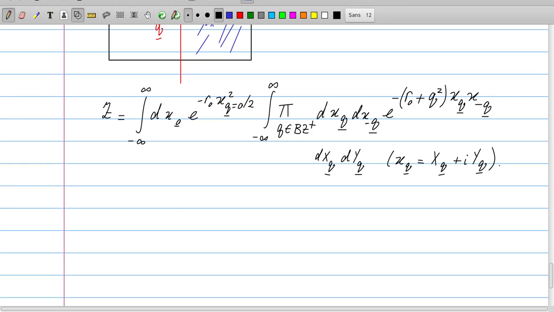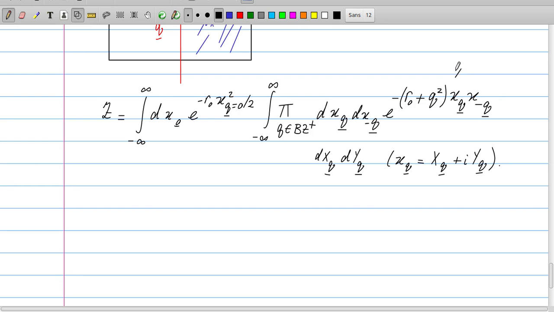To calculate the second part of this integral, for each q, we use the notation that small xq can be written as capital Xq plus i times capital Yq, where the big X and Y, the uppercases, they are real, and so I can transform then from the integral over little xq and its complex conjugate to the real part and the imaginary part of x, and that's just a two-dimensional integral.